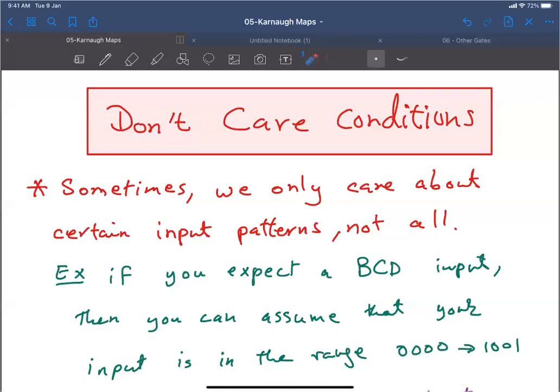And if your input is a BCD, you know that you will never receive any input outside the range. What do we mean by outside the range? We mean the other patterns in the 4-bit binary numbers, 1010 up to 1111. Your valid range is from 0000, which encodes decimal 0, all the way to 1001, which encodes decimal 9.